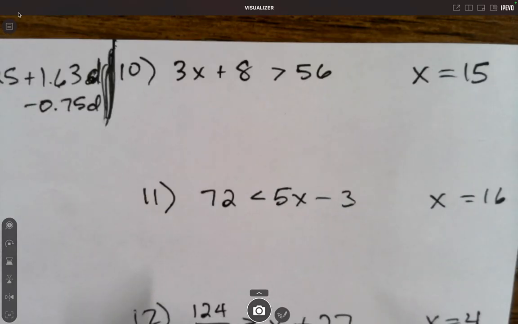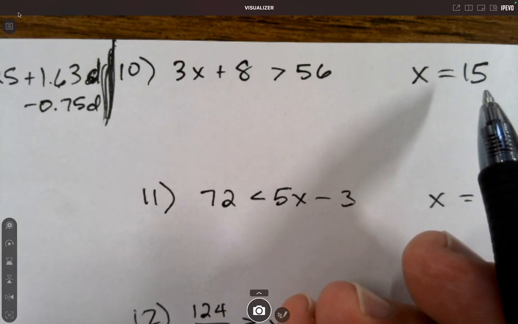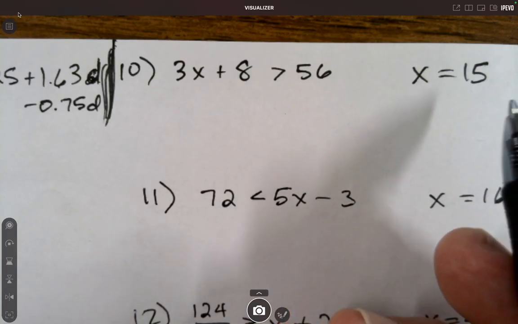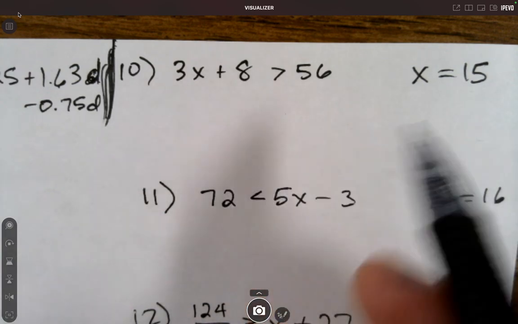Okay, number 10. These are the ones where they give us an inequality and then tell us to test it at a certain value and find if that creates a true statement or a false statement. So what we're really saying is, is this number one of the possible solutions for this inequality?